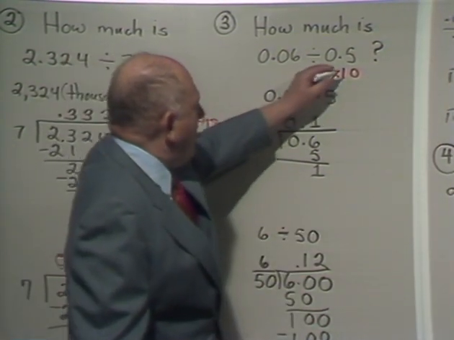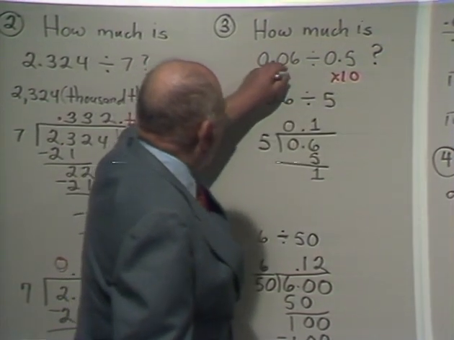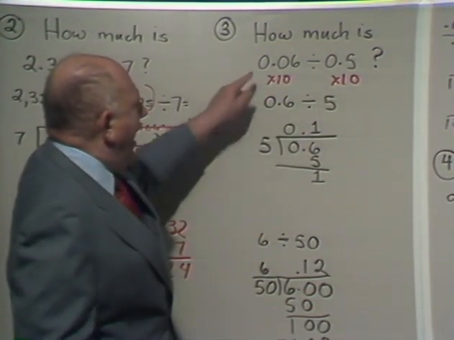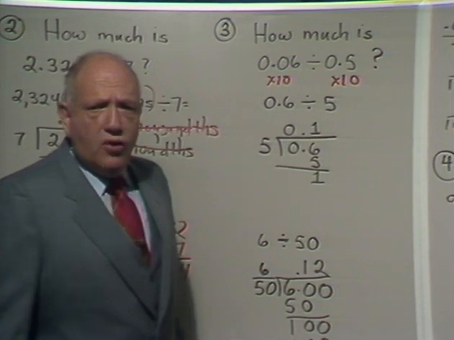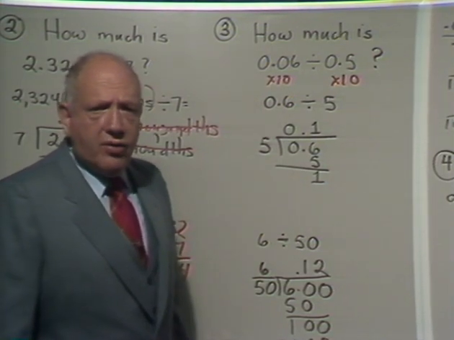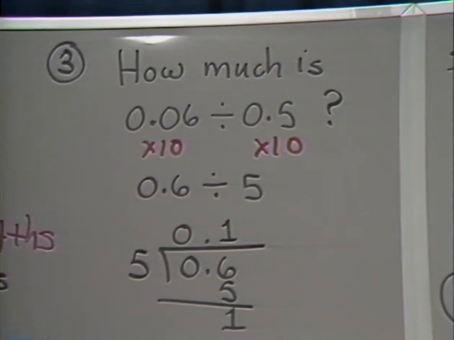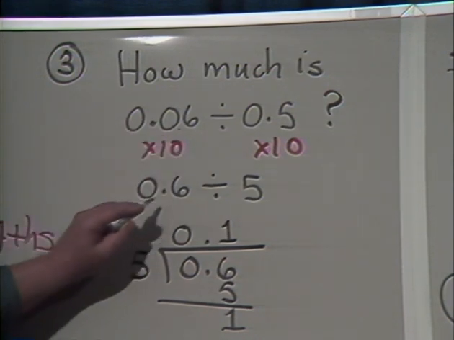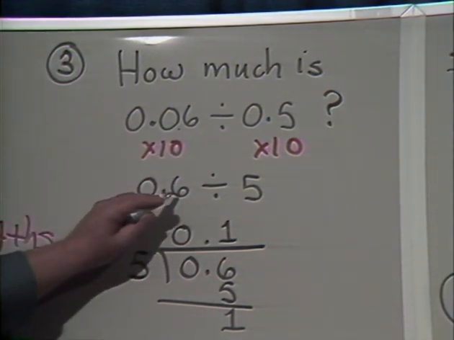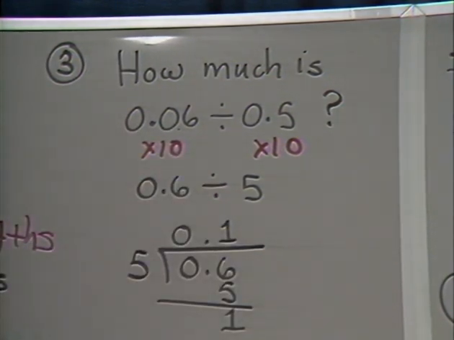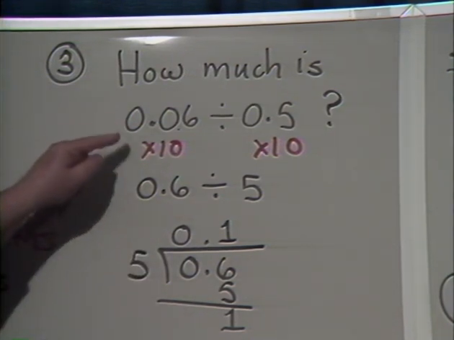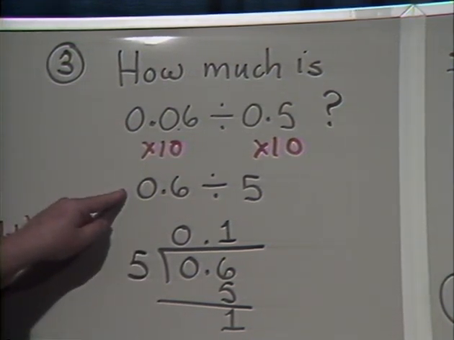At any rate, since I multiply this number by 10, I also have to multiply this number by 10. How do you multiply a decimal by 10? You move the decimal point 1 place to the right. So if I move the decimal point 1 place to the right over here, I now get what? 0.6 divided by 5.